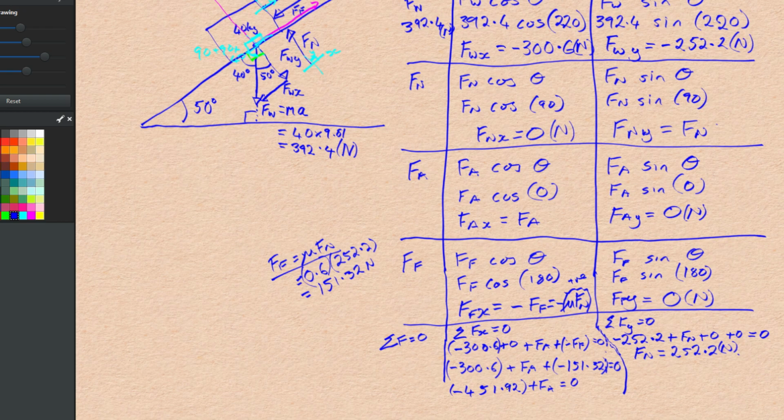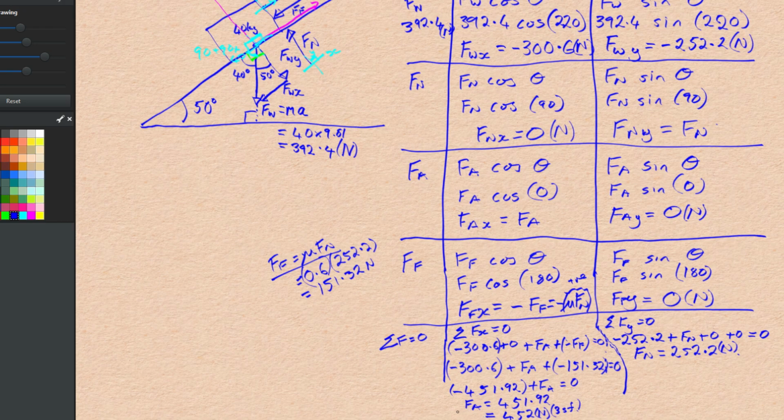I'm going to add this number to both sides, so add 451.92 to both sides, which leaves us with Fa equals 451.92, and I might just round that to 452 to 3 significant figures. That just says that I've rounded it to that many significant figures, and it should be in newtons.